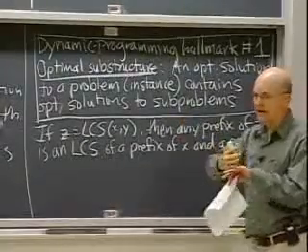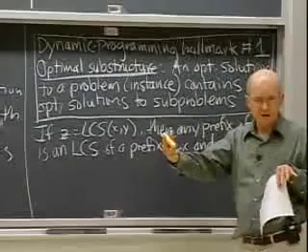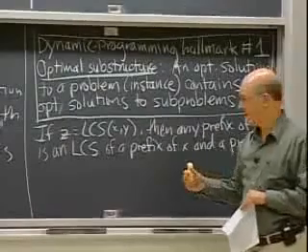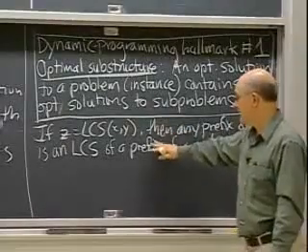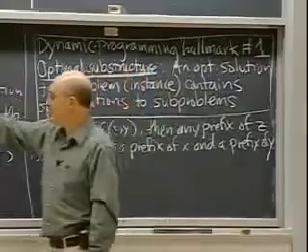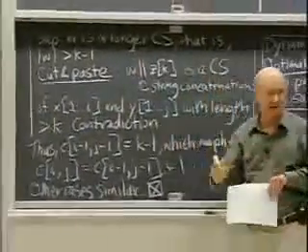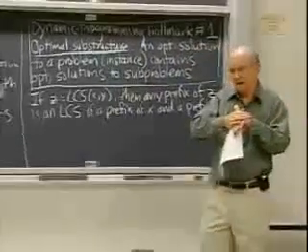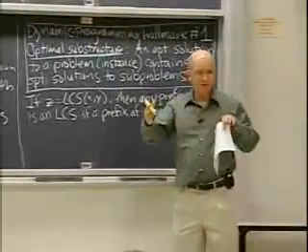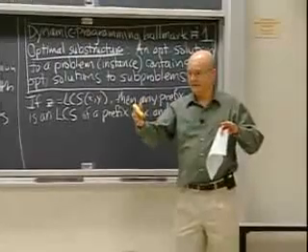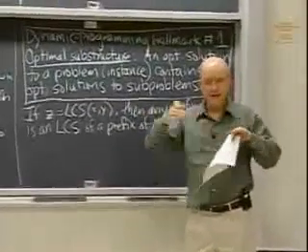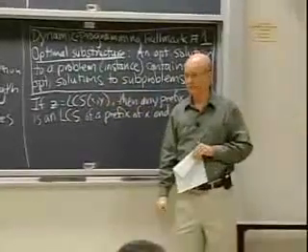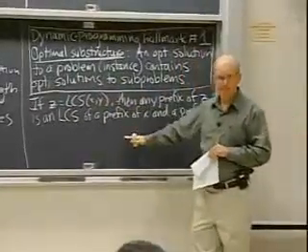I look at the problem and I can see that there is optimal substructure going on. In this case, almost always it means that there's a cut and paste argument you can do to demonstrate that. If the substructure were not optimal, then you'd be able to find a better solution to the overall problem using cut and paste.